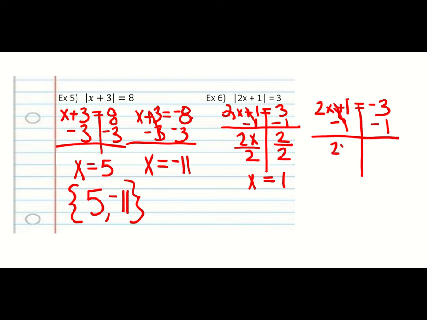So 2x is equal to negative 4. And then divide by 2. So x, negative 4 divided by 2, is negative 2. So when I write my final answer, 1 and negative 2.